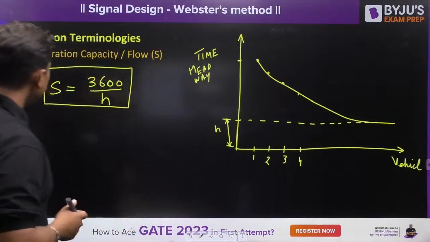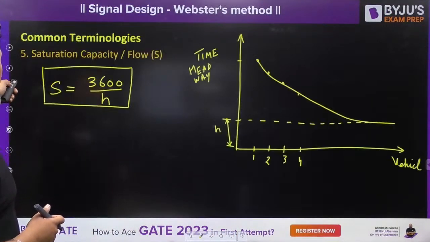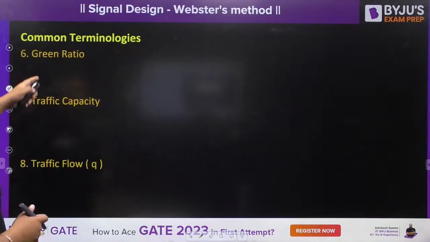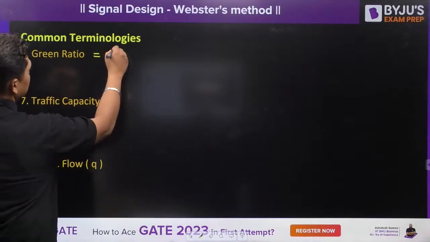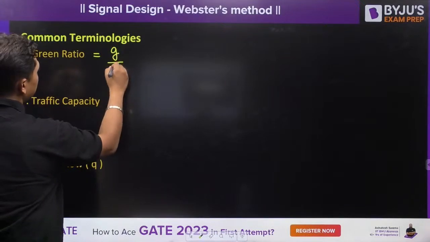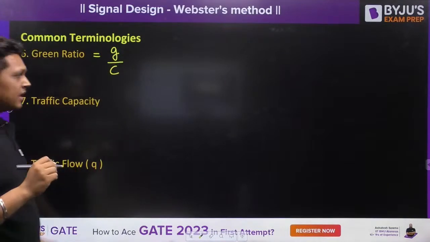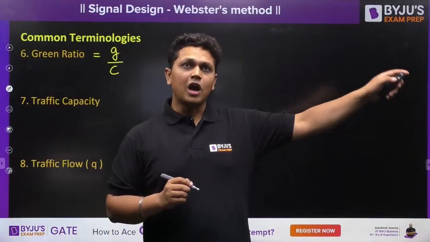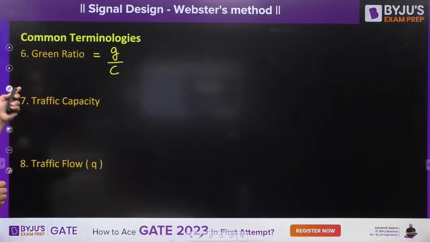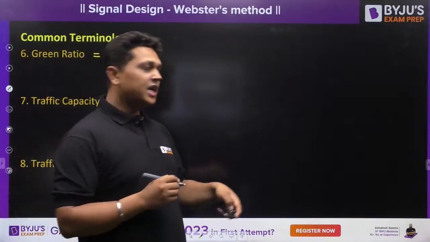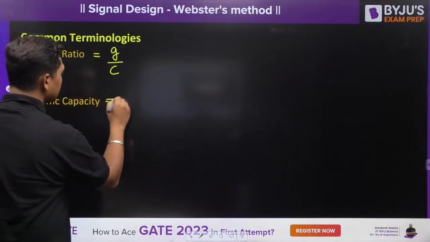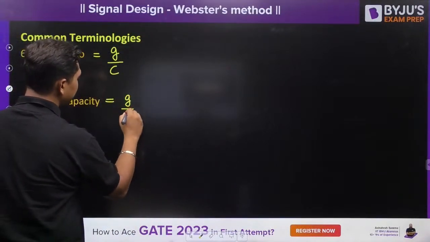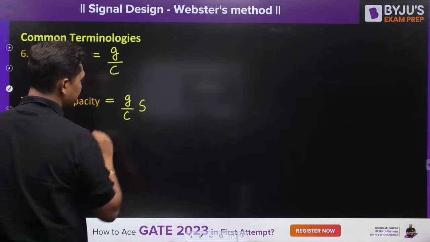If this is the maximum flow of the vehicle, green ratio is defined as effective green time divided by cycle length. So this is the maximum flow when all the vehicles are moving freely. How much traffic can actually be accommodated? It will be equal to G by C into saturation capacity.